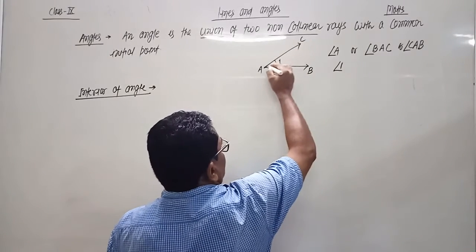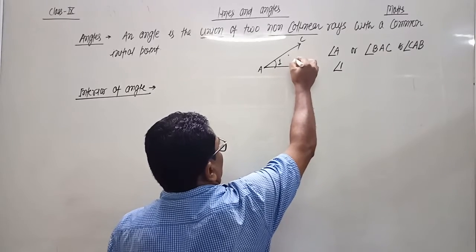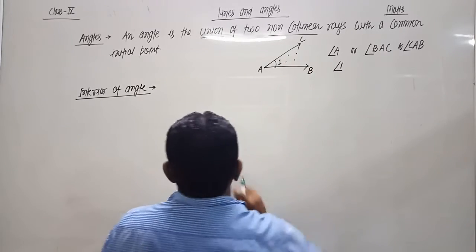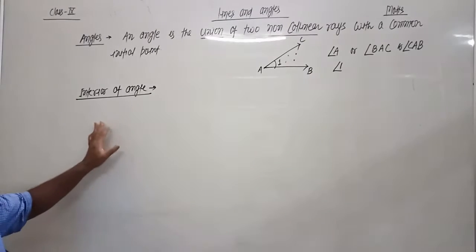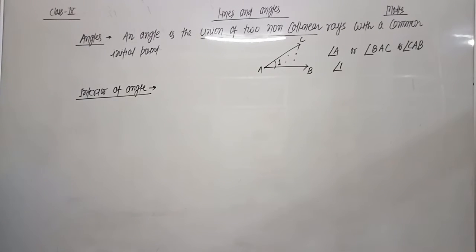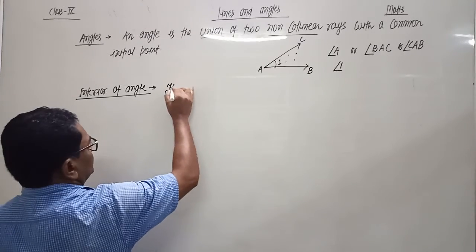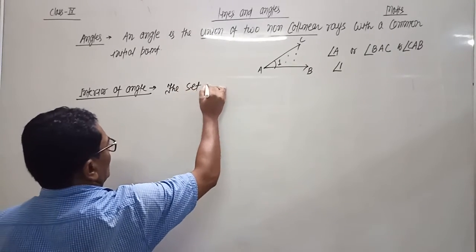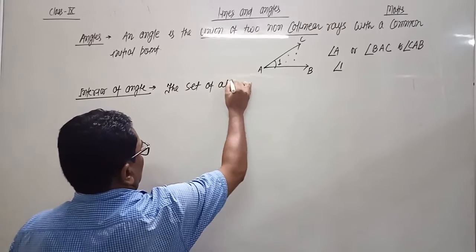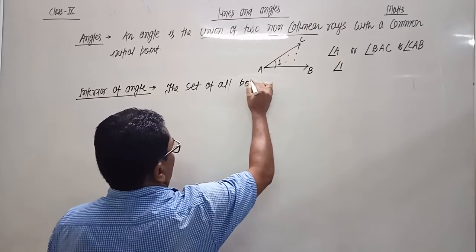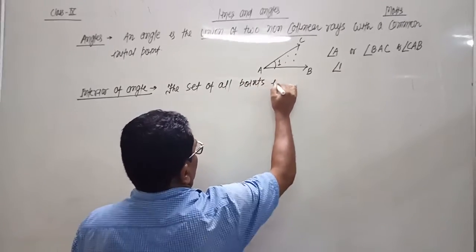In this region, any point that lies here is called the interior of the angle. It can be defined as the set of all points in a plane which lie on the same side.